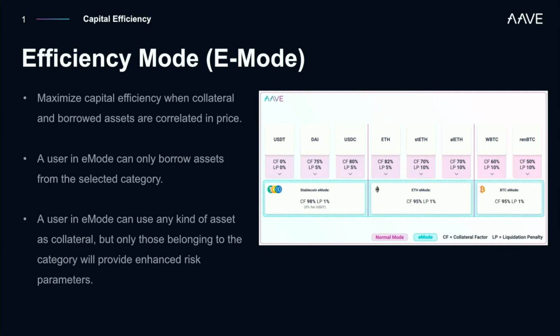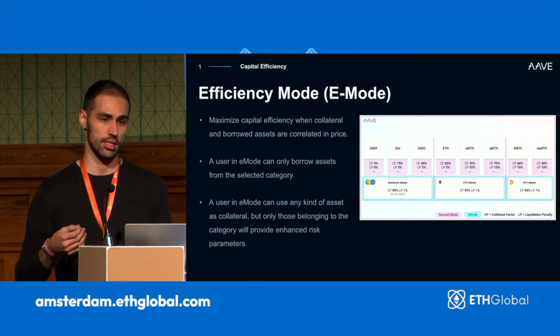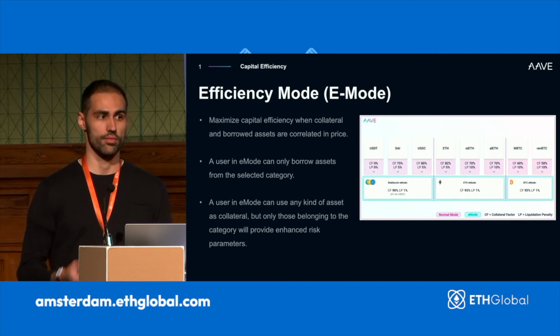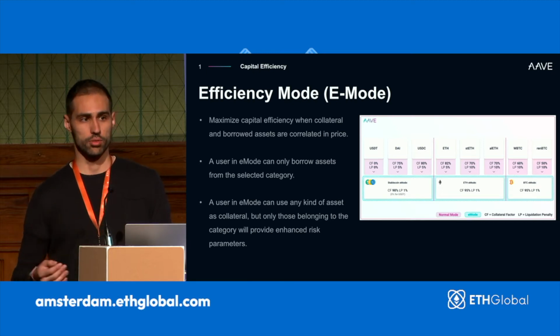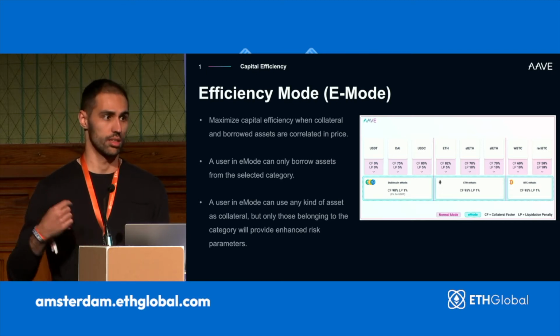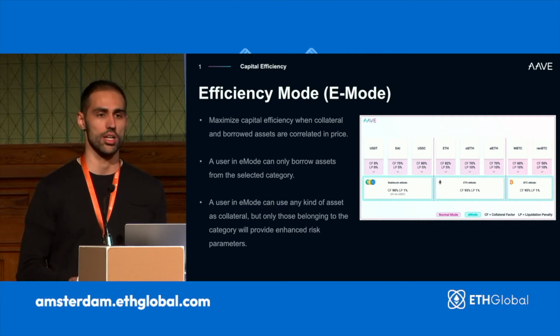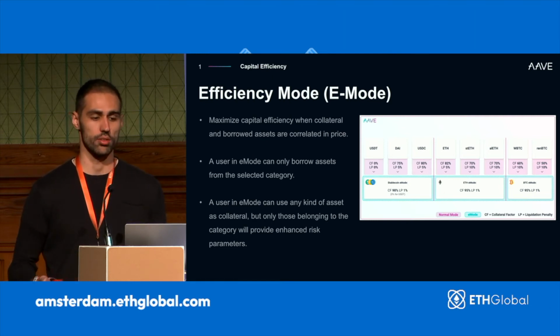So having a 75% collateral factor on DAI means that a user can borrow up to 75 DAI with 100 DAI as collateral. So if the protocol is able to increase this collateral factor, they will be able to increase the borrowing power of the users and thus increase the capital efficiency of the protocol, which is really good.